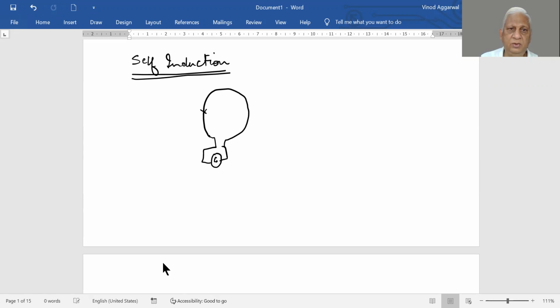If we establish current through it, and we know if current is passing in a loop, then a magnetic field is generated. All right. And obviously, if a magnetic field is generated, magnetic flux will also be generated. This magnetic flux is related to B, and B is in turn related to I.